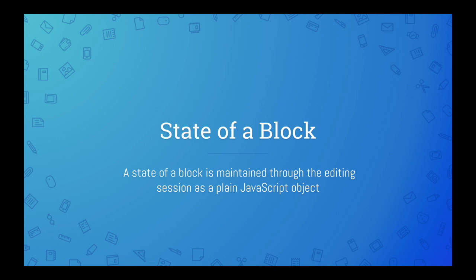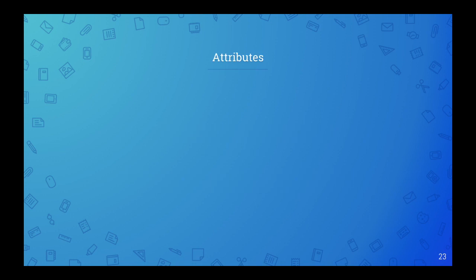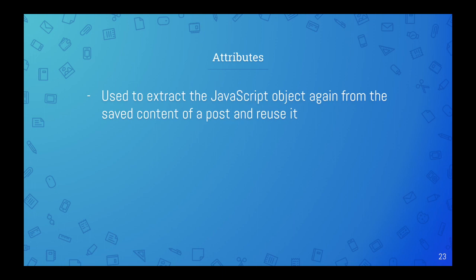Now there is something called attributes, guys. To extract the JavaScript object again from the saved content of a post and reuse it, we use the block type's attributes property. If we are capturing the information the user has entered, storing it in state and then saving it into the database, we also need a way to extract that information, and that's where attributes come in handy.